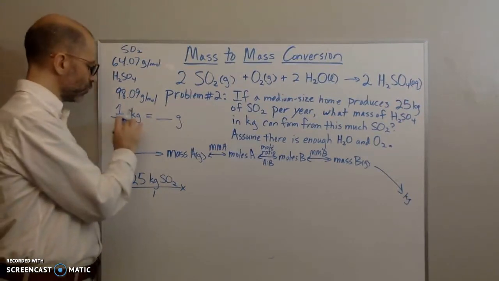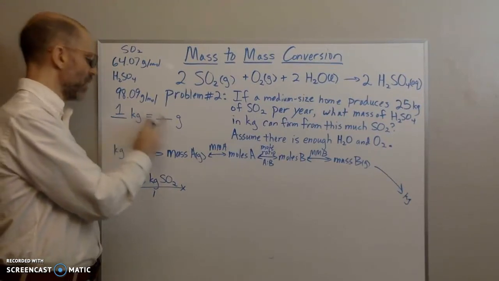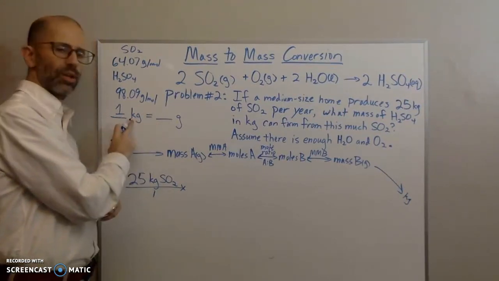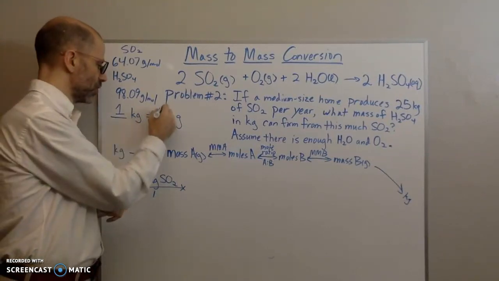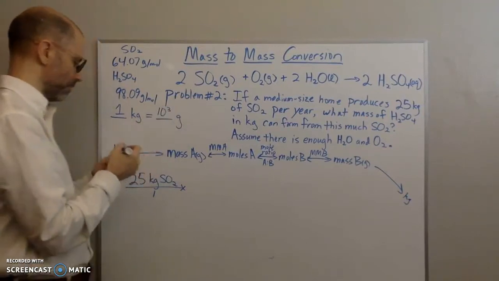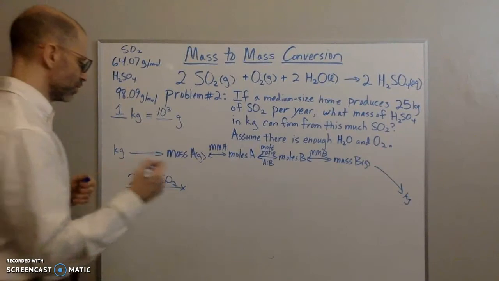That's because if we know what the prefix multiplier is, that will go with the base unit. So for kilo, that's going to be 10 to the third, or 1,000. So that's our equality. We can now use that to convert.